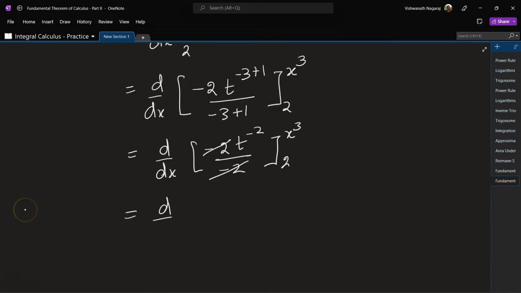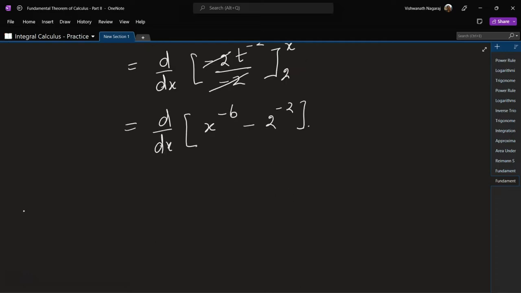Now d by dx of, let's do f of b minus f of a. So that would be x cube to the power of minus 2. So that will be x to the power of minus 6 minus 2 to the power of minus 2.